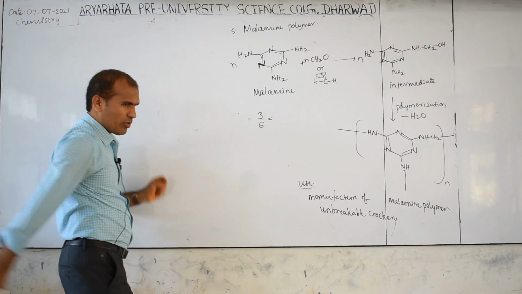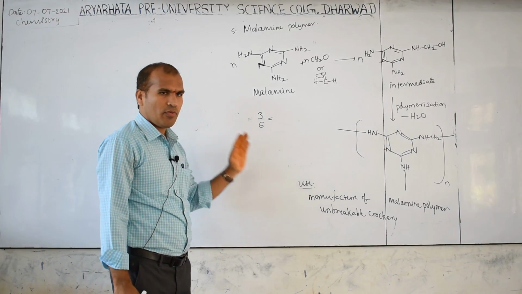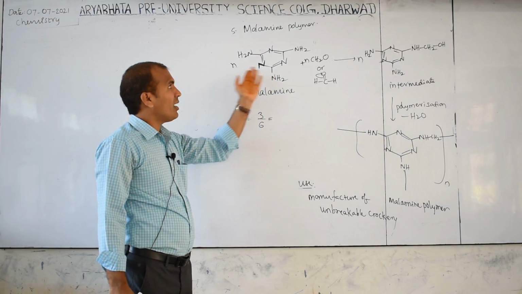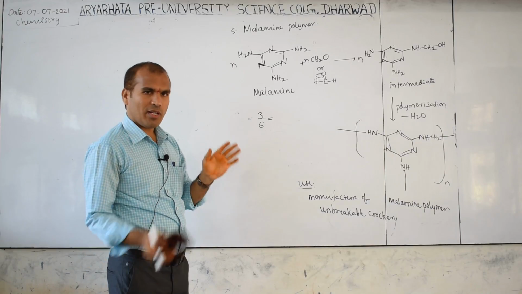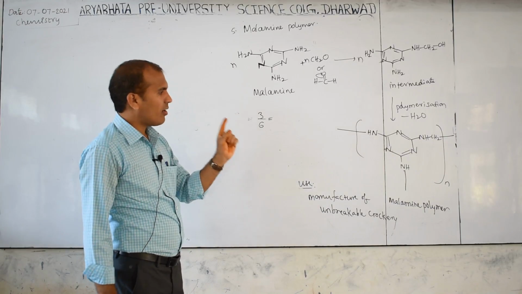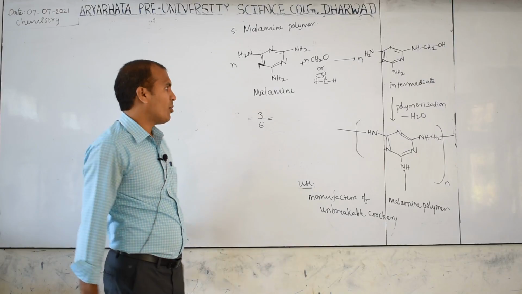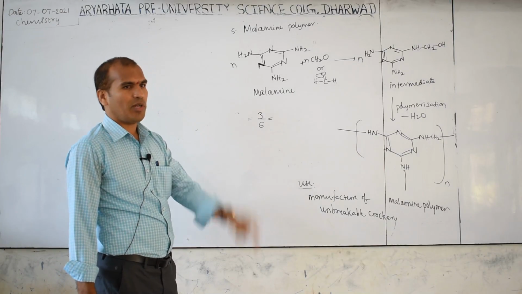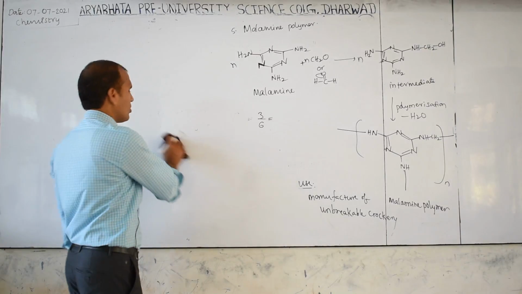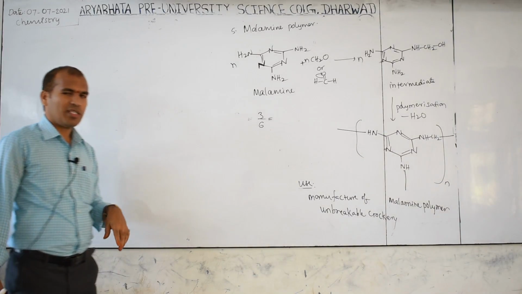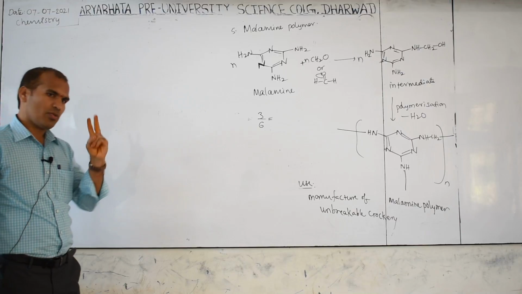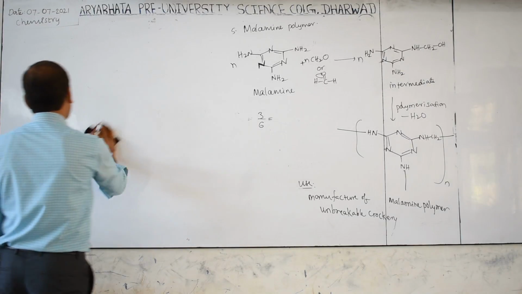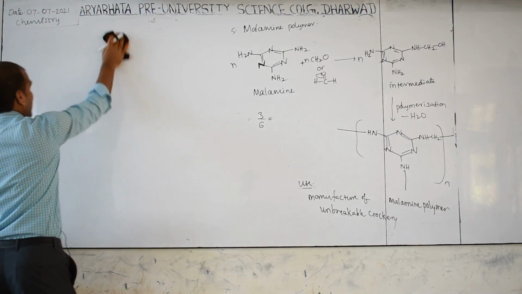Whatever I discussed now, phenol formaldehyde, bakelite, melamine, these are given inside the textbook. At the end of the chapter, one table is there with 3 condensation polymers. Once you check in your textbook, 2 or 3 are there. The third one is bakelite, which we already discussed. So only 2 remain. One is urea formaldehyde resin.